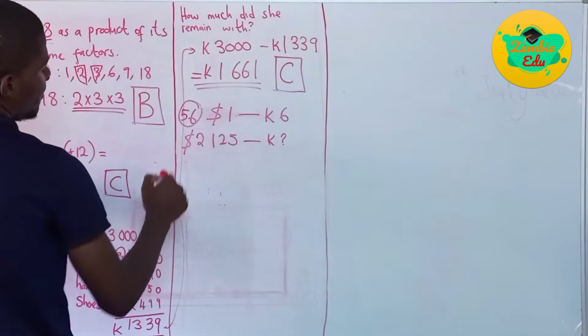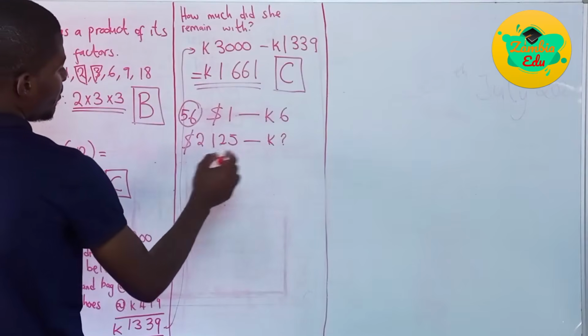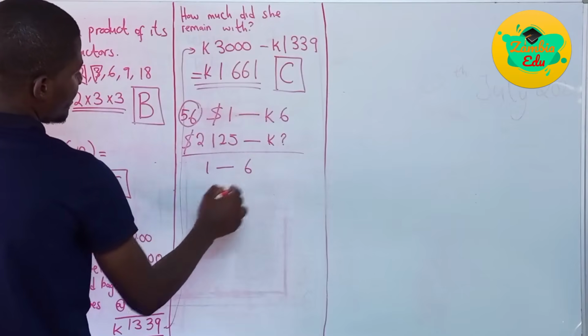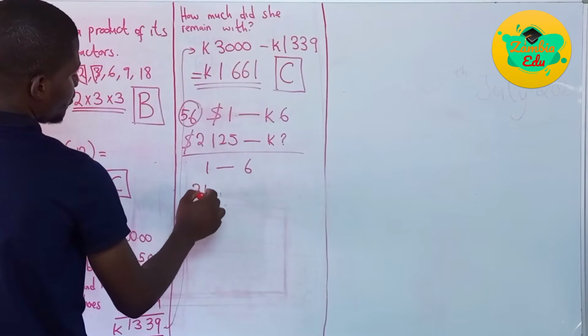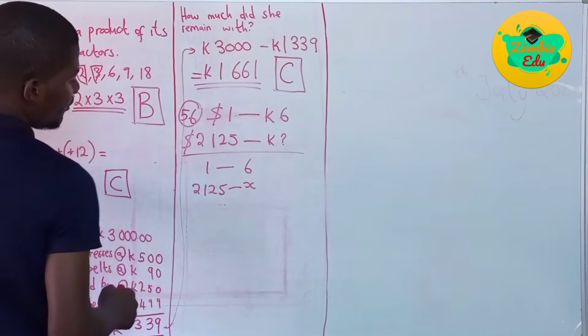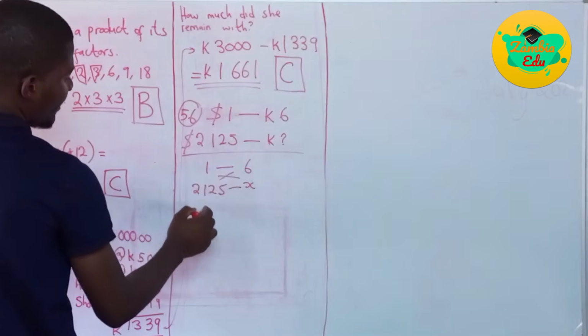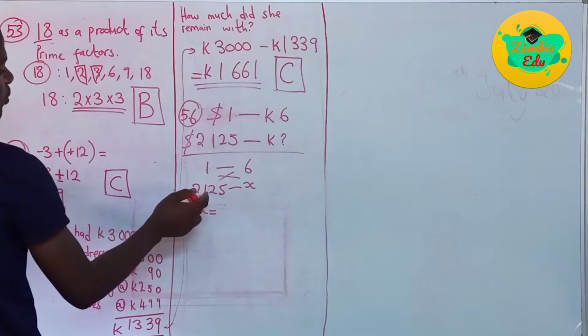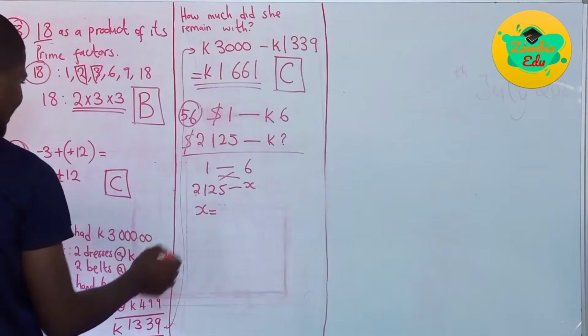Right, so let's begin now. So that's what we're considering. We have 1 to 6, and then we have 2,125 to what we don't know. Cross multiply that, and you have x being equal to 2,125 times 6.